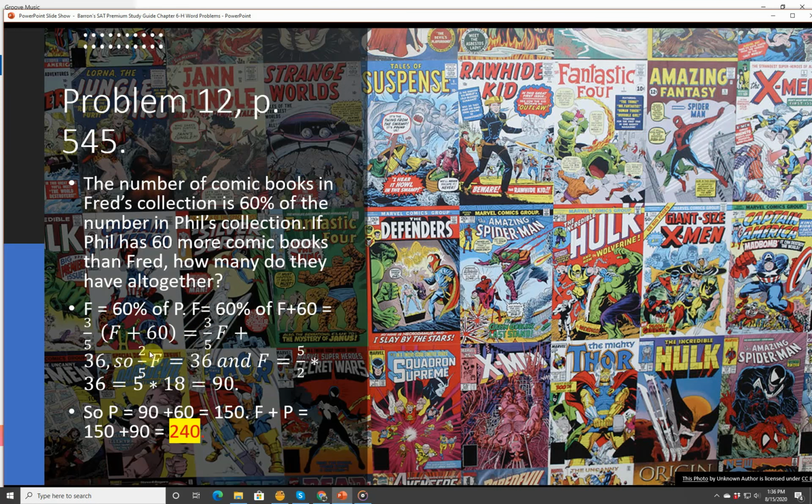So 2/5 F equals 36, and F is equal to 5/2 times 36, which is 5 times 18, which is 90. So P is equal to 90 plus 60, which is 150. F plus P is equal to 150 plus 90, which is 240, which is the right answer.